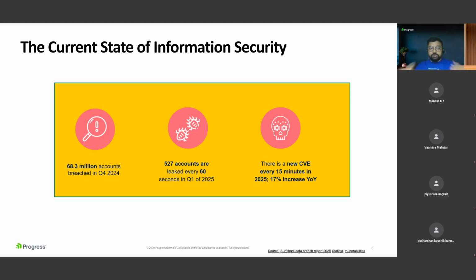In this new world, we are seeing a new CVE coming in every 15 minutes, and it's important that you look into automation solutions to take care of your security. And there is a 17% year-on-year growth on CVEs, so the number is going to get scarier, and it's not going to come down for sure.